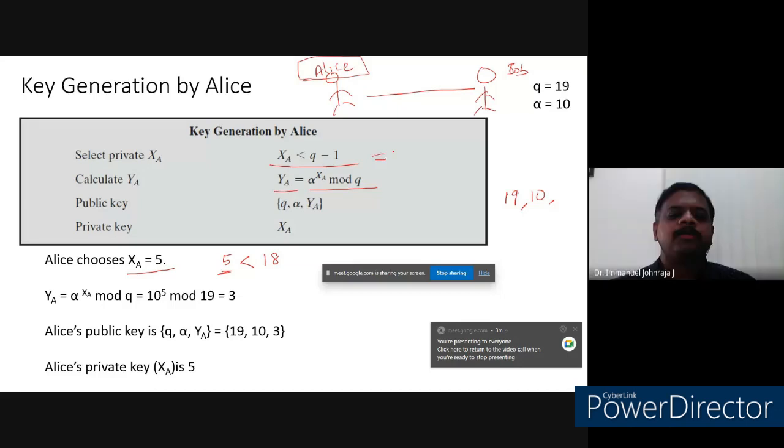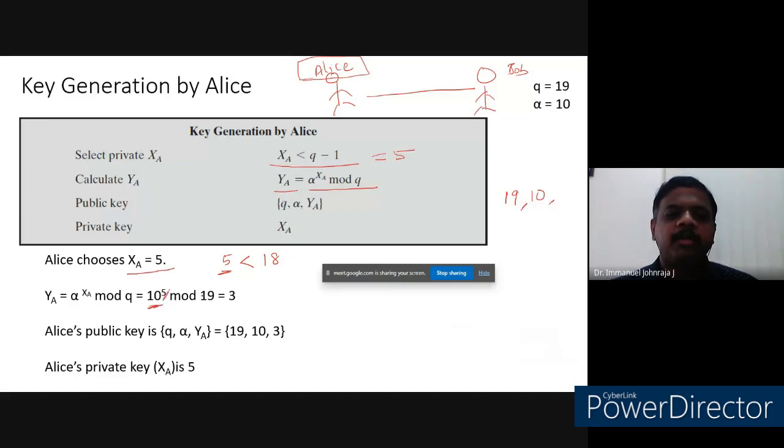And she calculates YA. YA is alpha power XA mod Q. Alpha is 10, power 5, mod 19 is 3, and YA is calculated as 3.